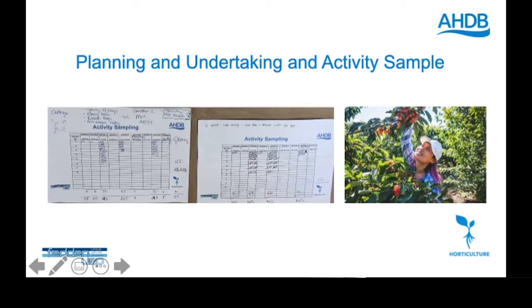And by doing that 100 times, you start to build up a picture of where they spend the majority of the time. But what you would be quite interested in is where they're losing time. So one example that we gave, we noticed that people were queuing to tip the fruit into weigh scales as part of a picking process.